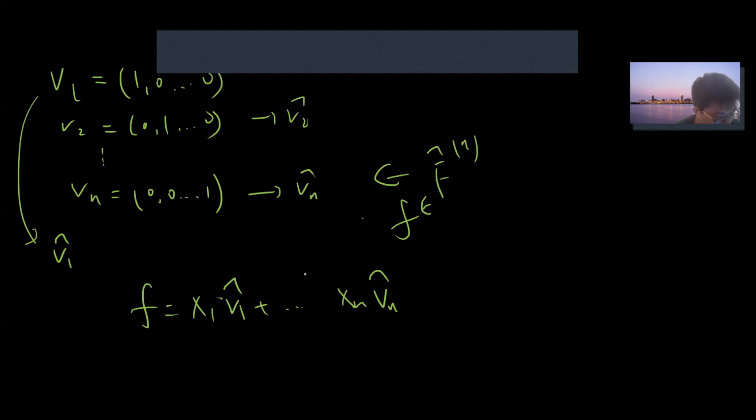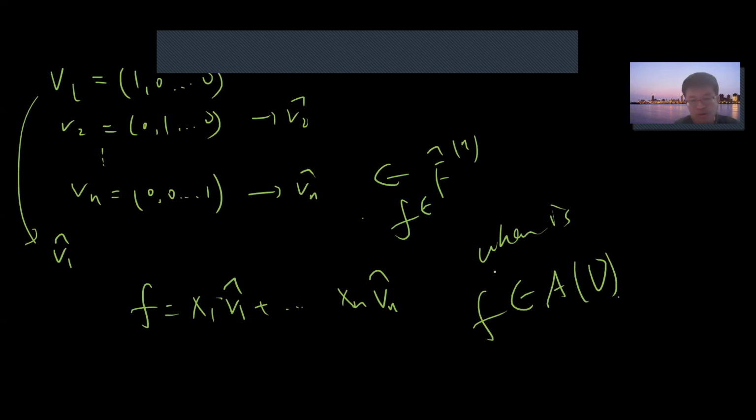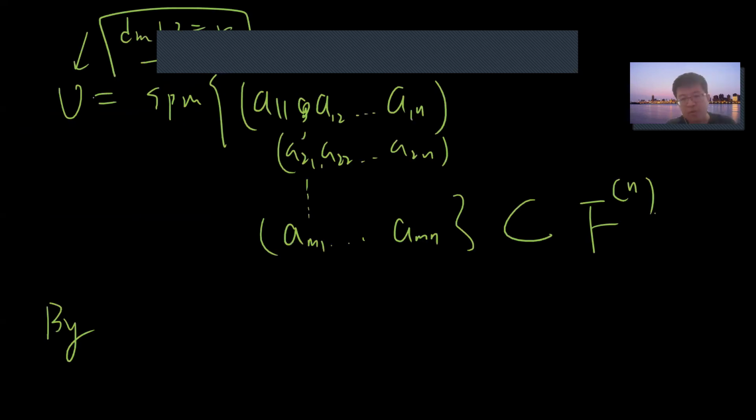So I want to ask, when does such an f belong to AU? This AU is the annihilator of U. Remember, we proved that AU is a subspace of the dual of Fn.